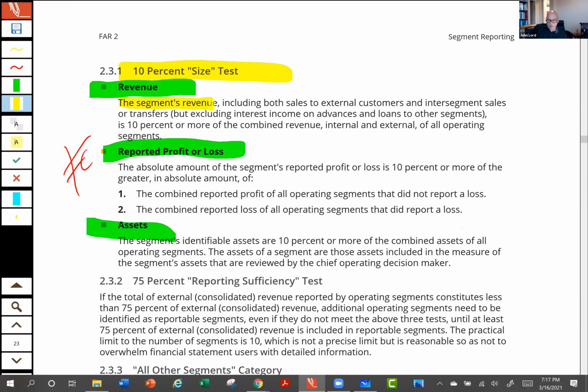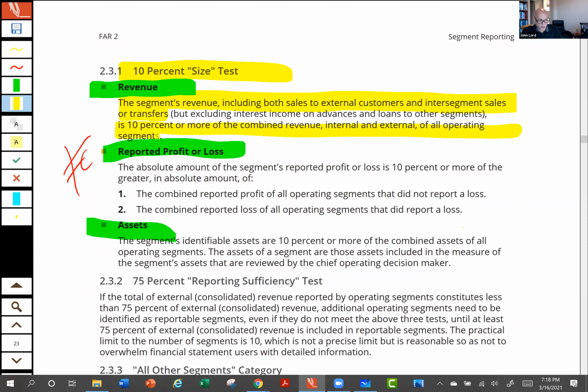We're just talking about revenue here first, but a company just has to meet any one of these size tests. You don't have to meet all three of them, any one of these size tests, and you have a reportable segment. So the segment's revenue, including both sales to external customers and inter-segment sales, okay, basically is 10% or more of the combined revenue, then you have a reportable segment.